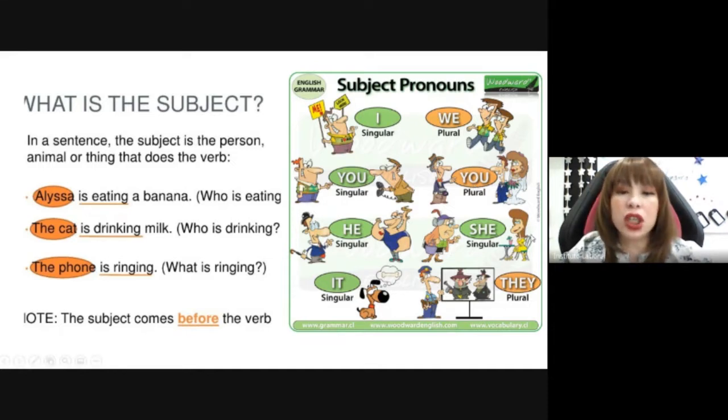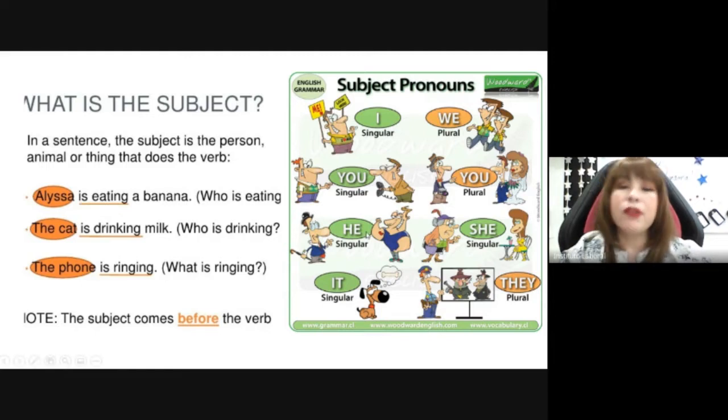He, she, and it, they are the VIP. They are the most important part of these subject pronouns because they cause confusion. He, she, and it are the third person singular.